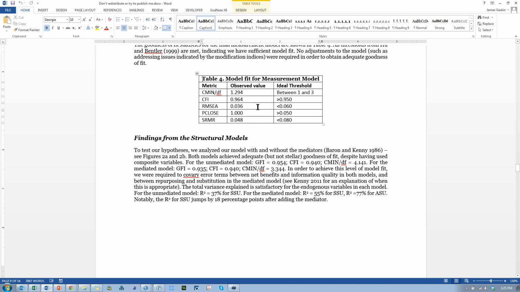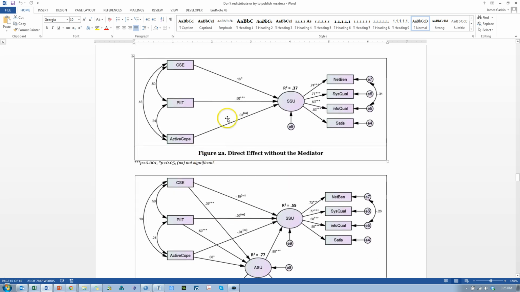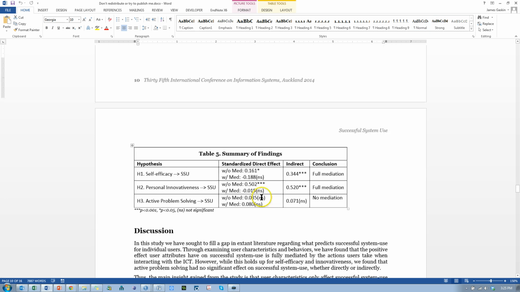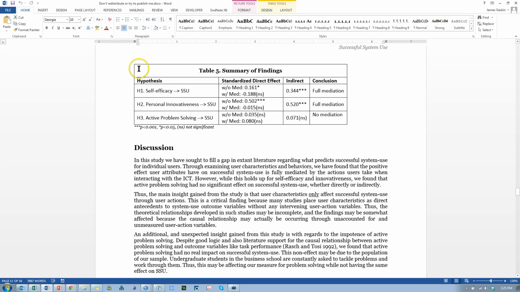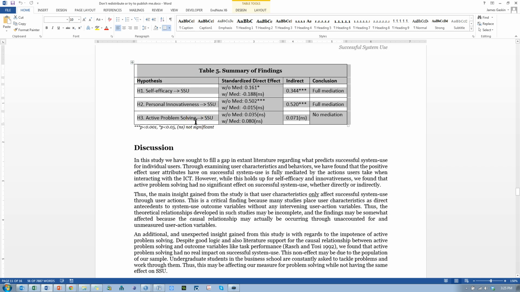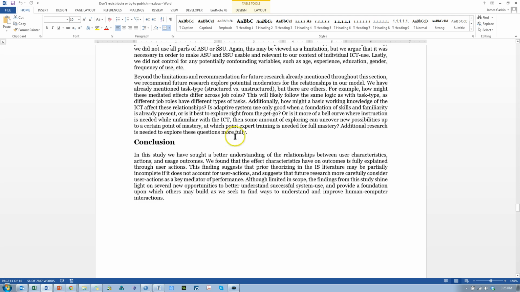I usually only report in a table the measurement model, then I say in words right here for the structural model. I usually report whatever figures I need, and then a summary of results. That's it. That's a full-blown study with second-order factors and stuff. So not that complex.